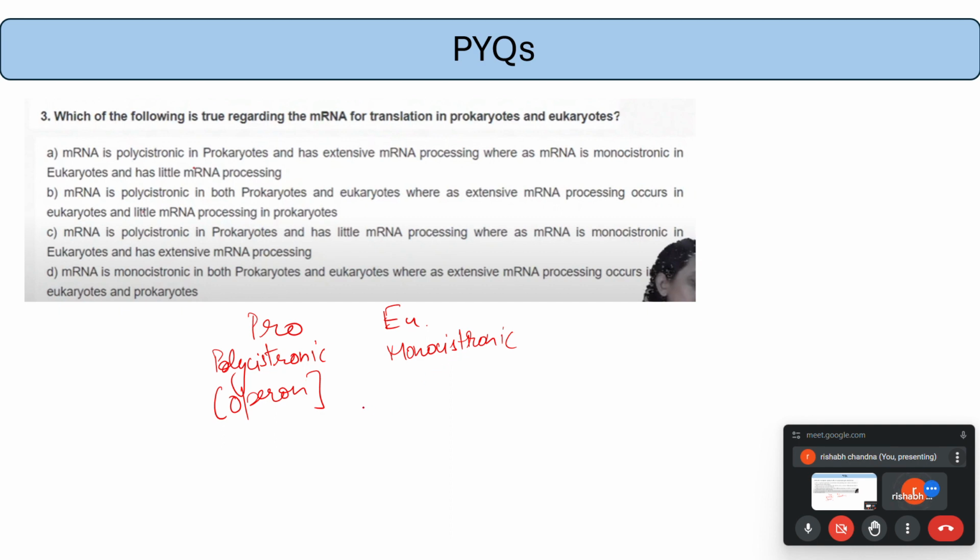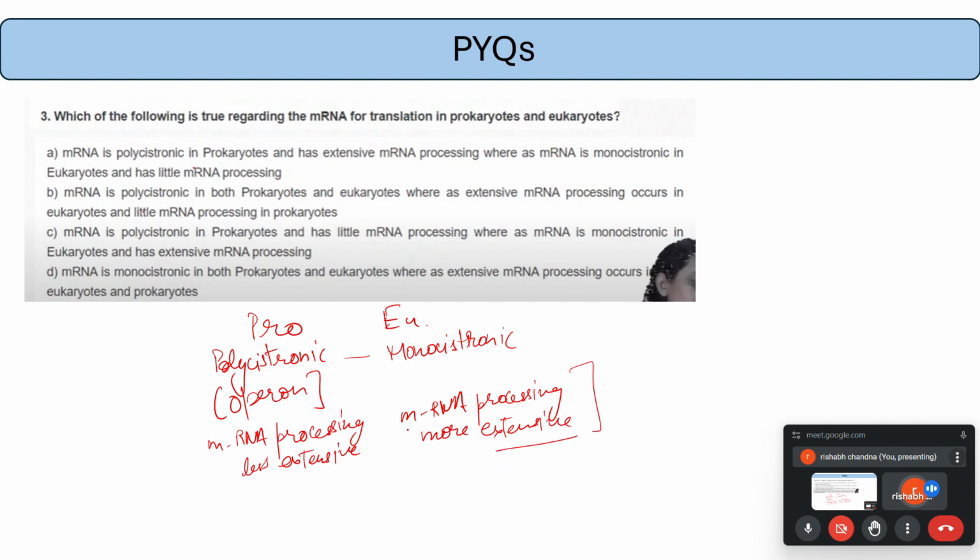Okay, so this is the case. And then in prokaryotes, the mRNA processing is less extensive. And here the mRNA processing is more extensive. Okay, so these were the differences. Now we'll see the options again.